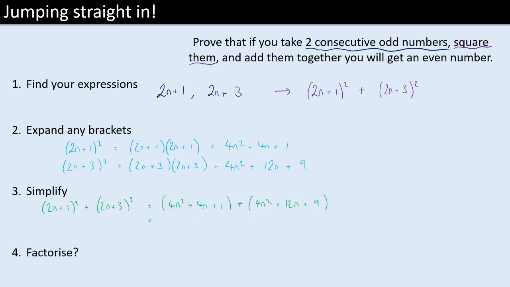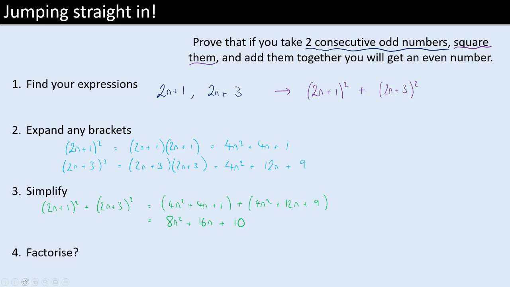Simplify it. Well, because it's just a plus in the middle, there's no weird stuff going on with our negatives. So it's just going to be 4n squared plus 4n squared, which is 8n squared. 4n plus 12n, which is 16n. And 1 plus 9, which is 10.